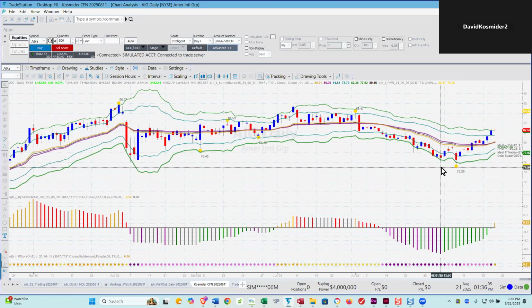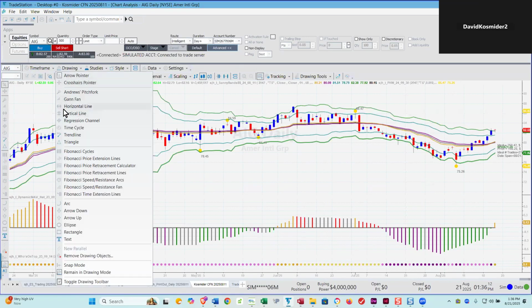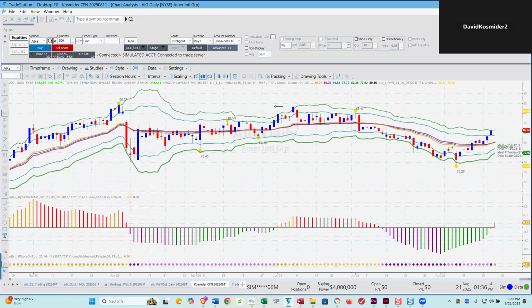And we are at the upper outer band. Chances are, let's get a horizontal line in here. Here's the recent highs. And I'm going to guess that it's going up very near that recent high.